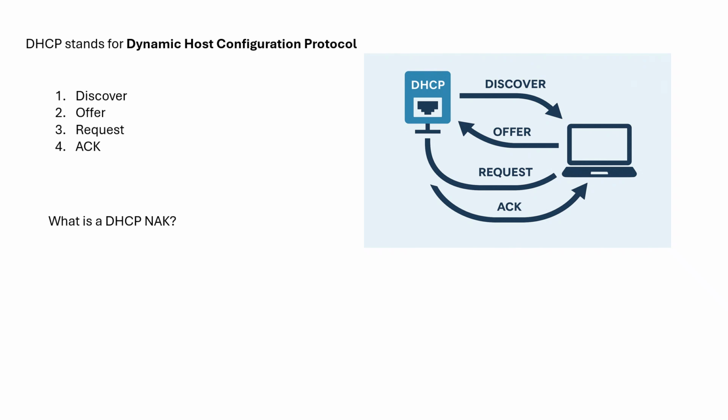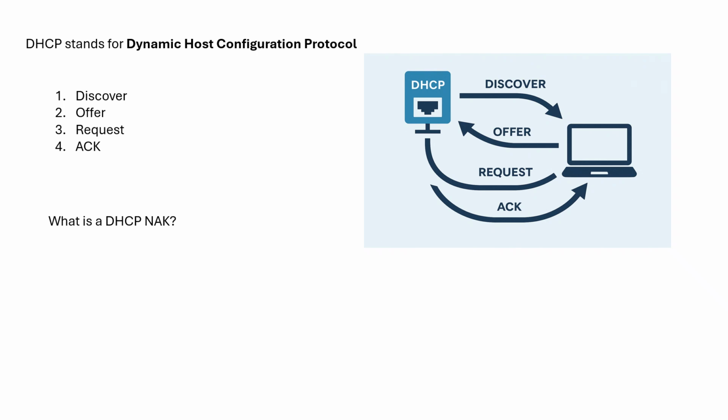Go ahead. Now let's talk about one of the most important messages in this story, that is DHCP NAK. NAK means negative acknowledgement. It is basically the server saying, I reject your request for this IP.